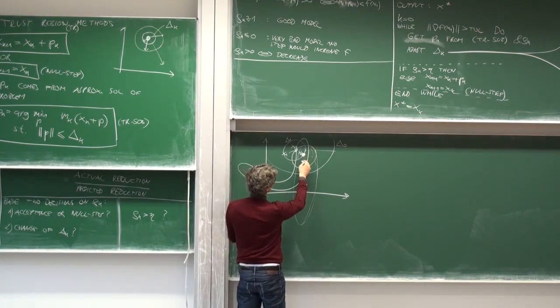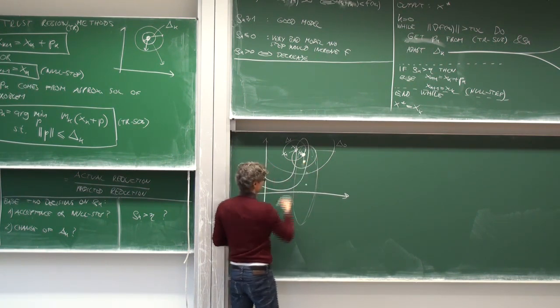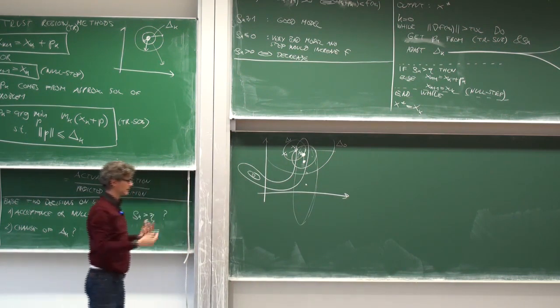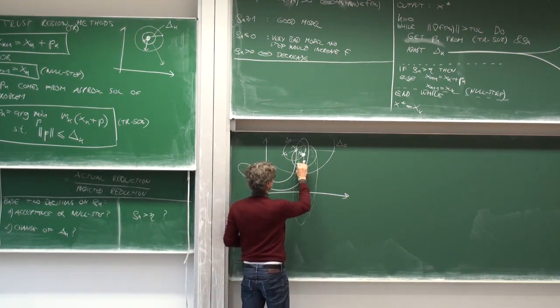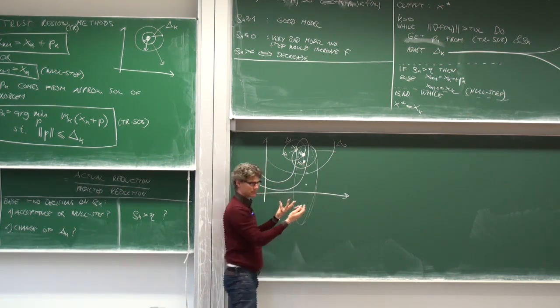But this new model will be maybe giving me a good point here, and let's say this model is just giving me a point here in the middle of the radius, and it gives me improvement.